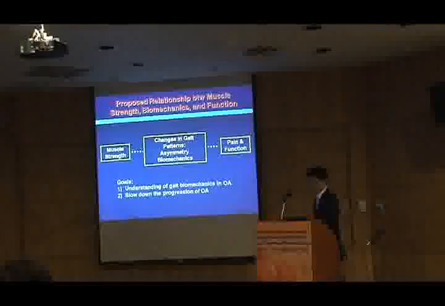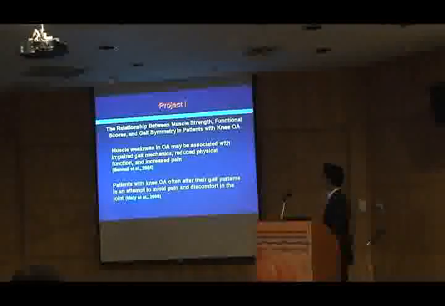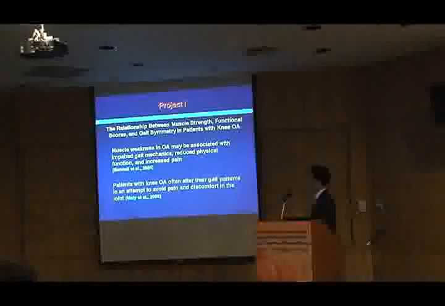So the goal of this study was to understand the gait mechanics in OA, and based on this finding, we can slow down the progression of the OA. It's hard to fix, but maybe we are aiming to slow down this disease. The first study looks at the relation between muscle strength and function, and also symmetry and gait mechanics.